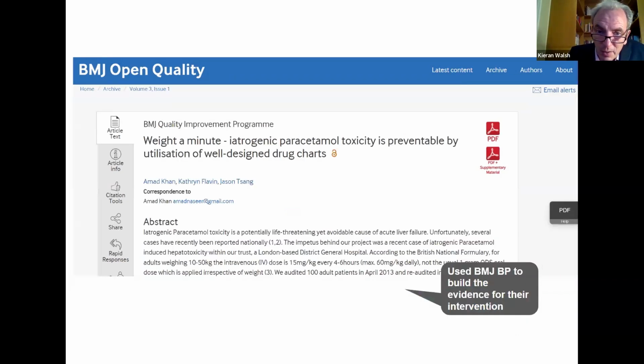Another one here where they redesigned drug charts to prevent iatrogenic paracetamol toxicity. They used BMJ Best Practice to build the evidence base for their intervention.